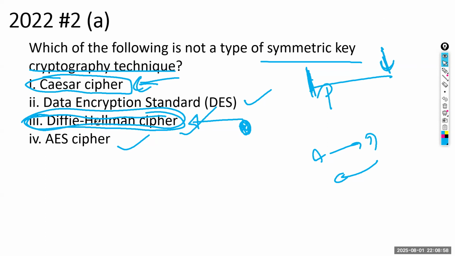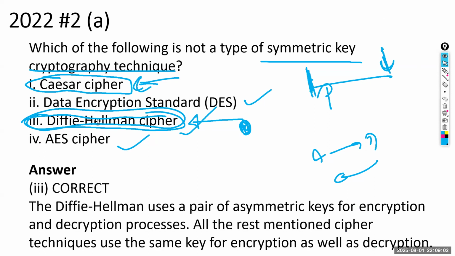Anyway, Diffie-Hellman we will do later, in a session. The third one, the examiner has taken because it's a key distribution protocol rather than an encryption decryption algorithm. But Caesar cipher is a little bit debatable because typically Caesar cipher is symmetric but not using a key.